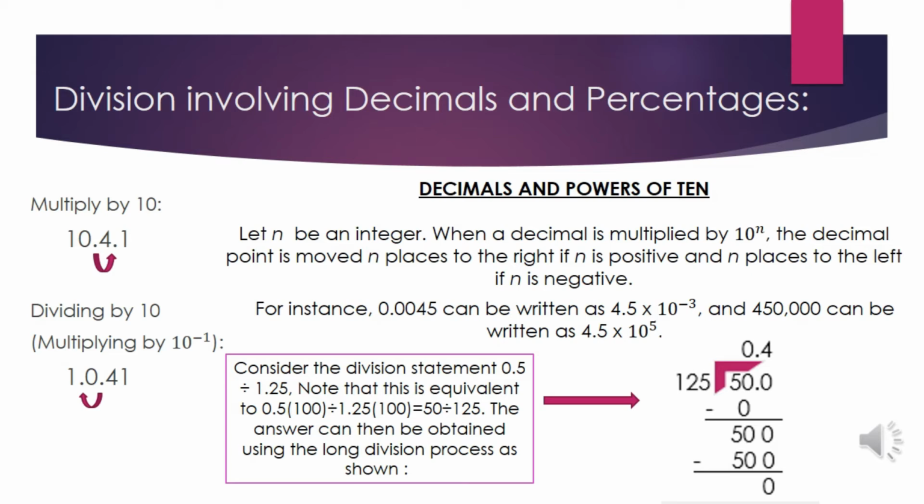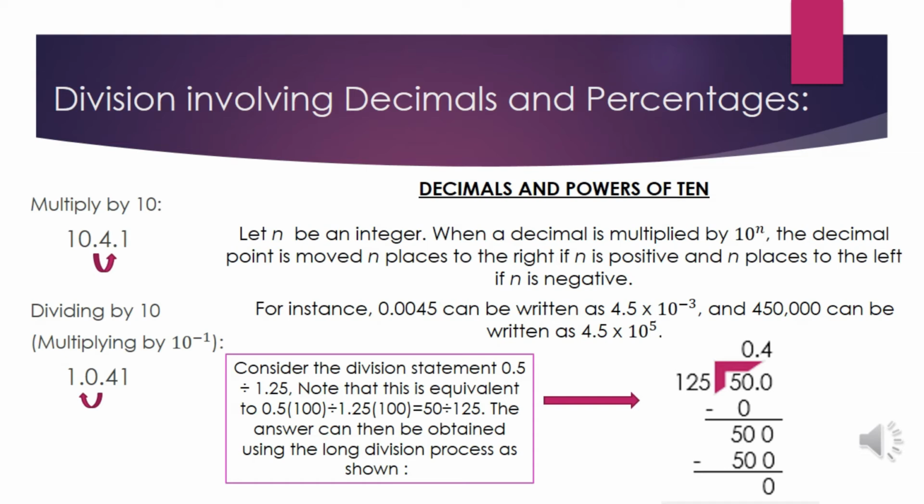So for instance, 0.0045 can be written as 4.5 times 10 to the power of negative 3. And 450,000 can be written as 4.5 times 10 to the power of 5. Scientific notation is useful when writing considerably large or small decimals.